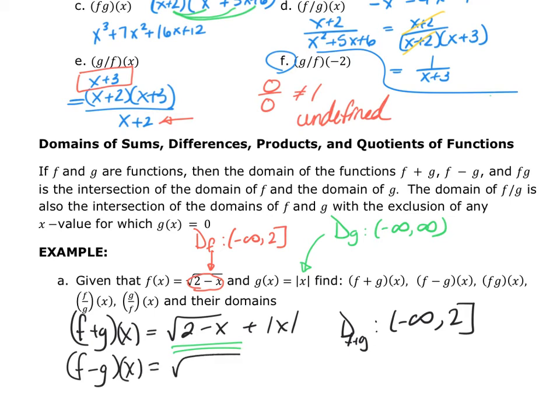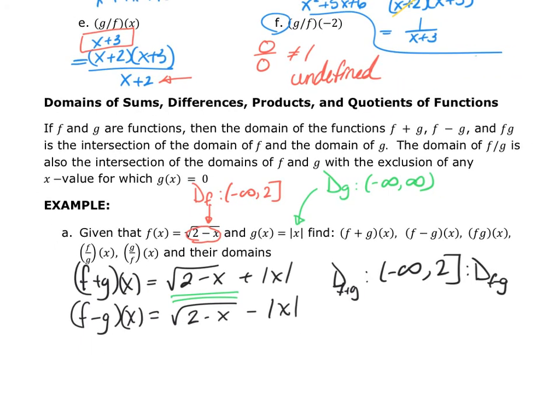The only thing that changes here is that I'm going to have minus the absolute value of x. Still don't get to add anything. Still don't get to subtract anything. So its domain is going to be the same thing. So this is the domain of f minus g.